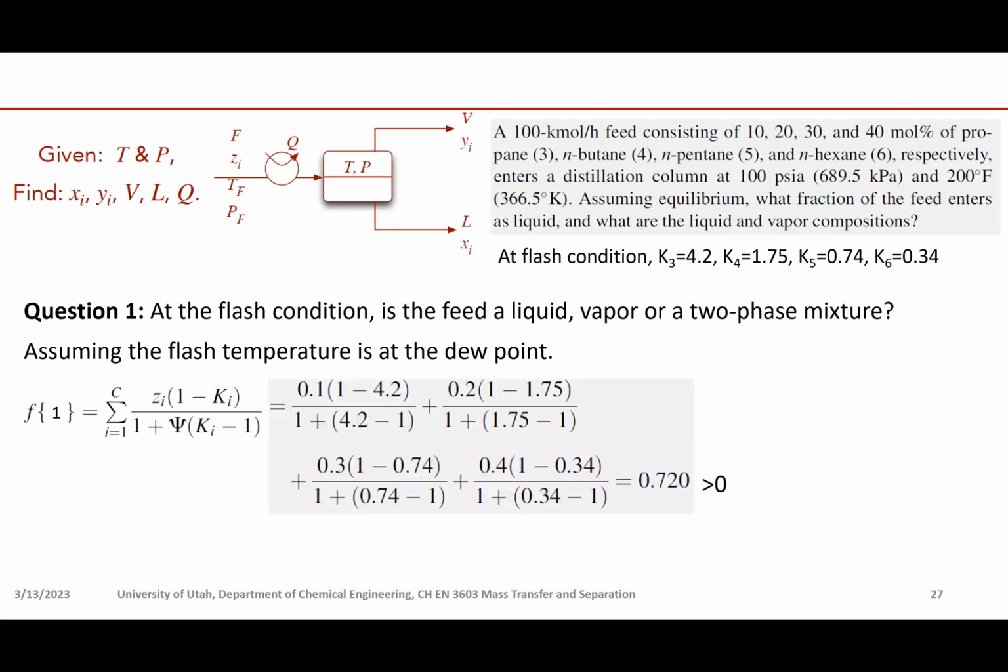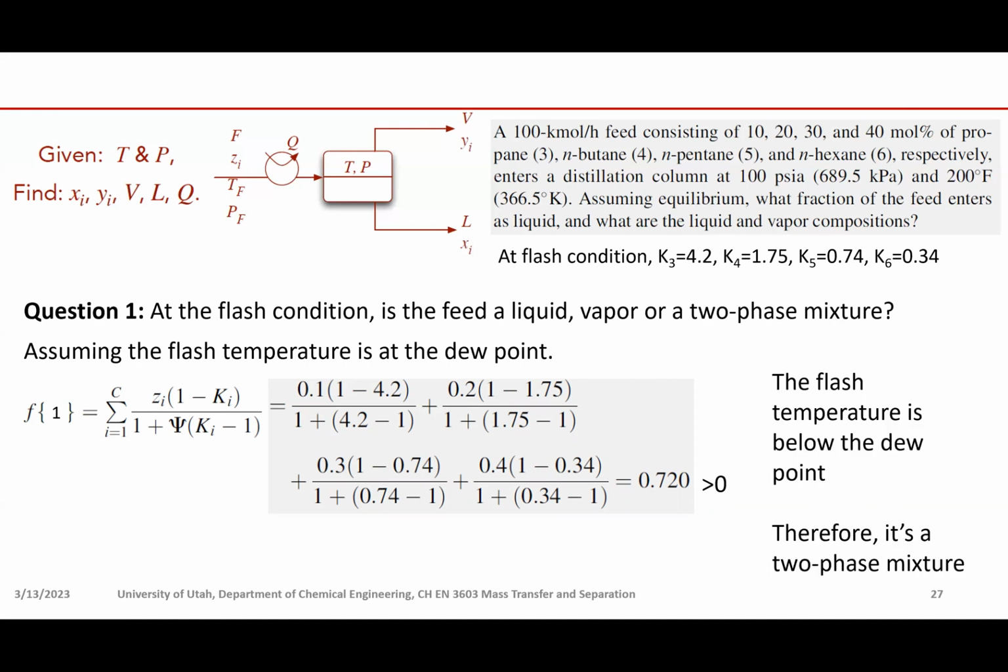Plug in the numbers, and we got a value of 0.72. That's larger than 0, which means the K value at this flash temperature is lower than the K value at the dew point. That means the flash temperature is below the dew point. Therefore, we find we are operating this flash drum at a temperature below the dew point but above the bubble point.